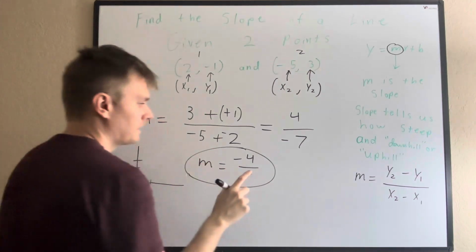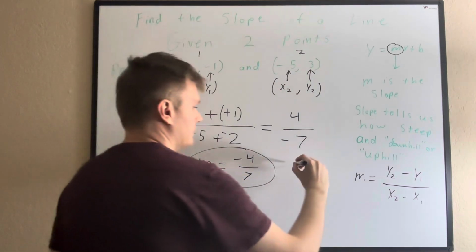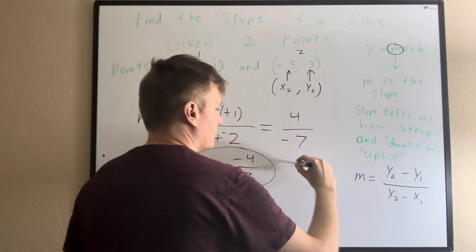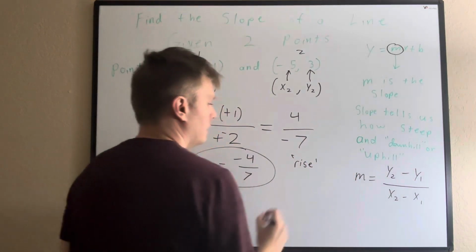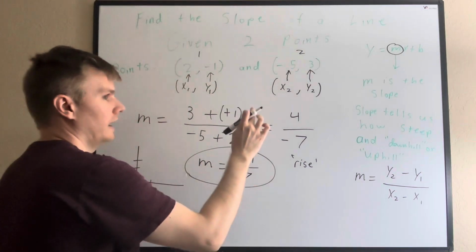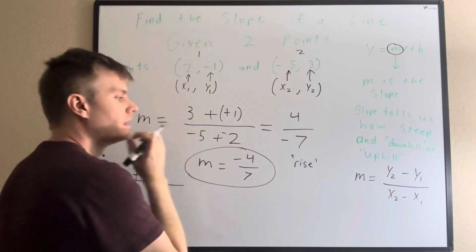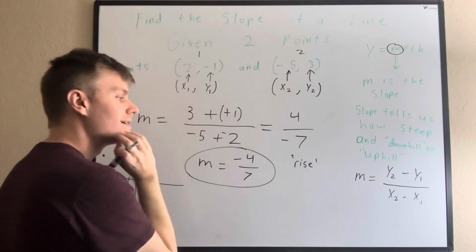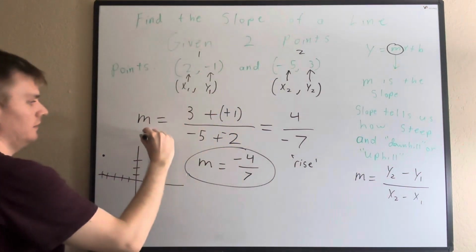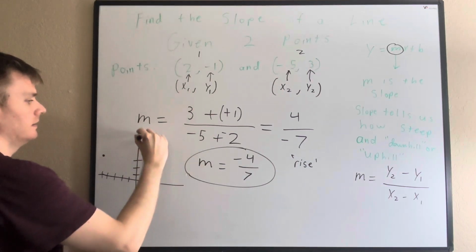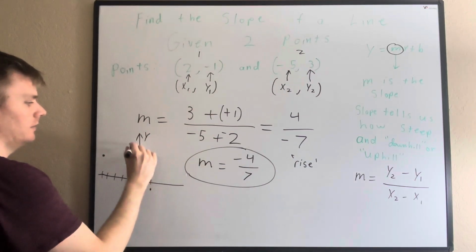Now, this is what slope is all about. The numerator is the rise. That's how much you rise. Okay? Because it's the y values, and the y-axis is how high you are.